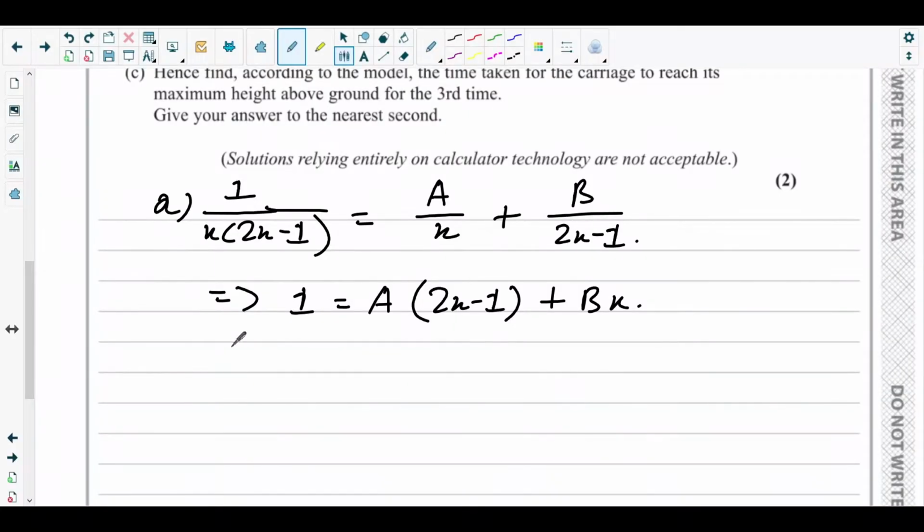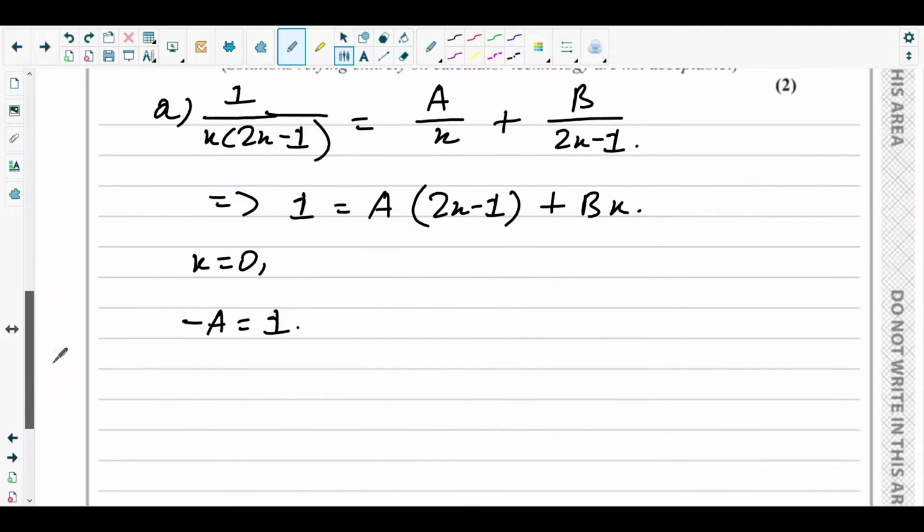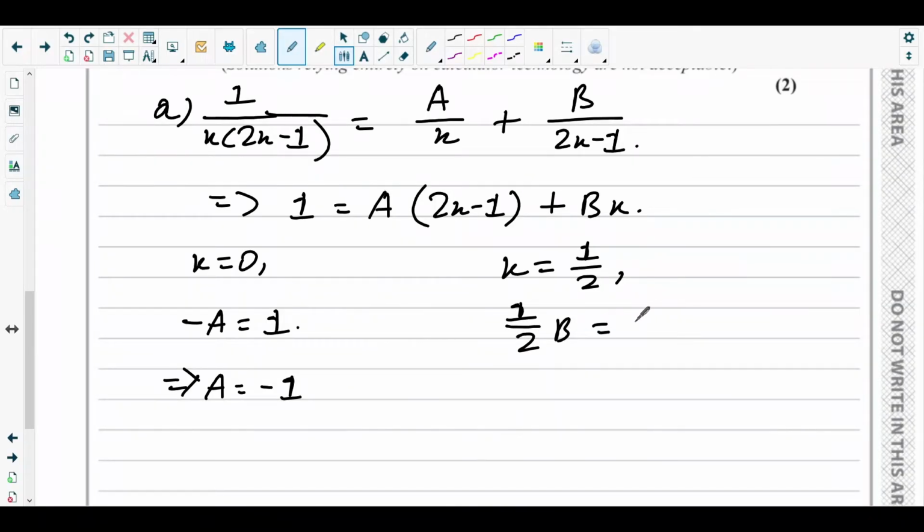Now put x equals 0 to eliminate B. You will get negative A equals 1, so A equals negative 1. Next, put x equals half to eliminate A. Half of 2x minus 1 is 1 minus 1, which is 0, so A got eliminated. So half of B equals 1, so B equals 2.